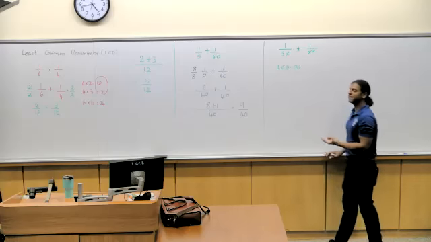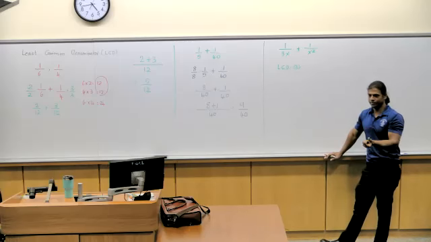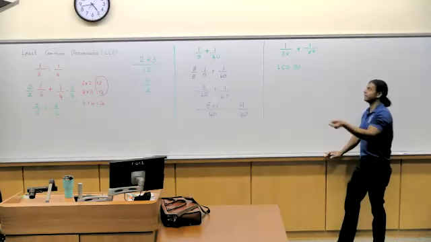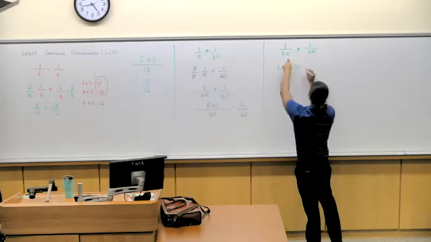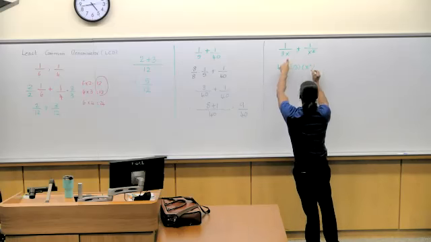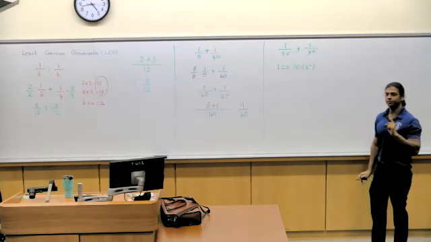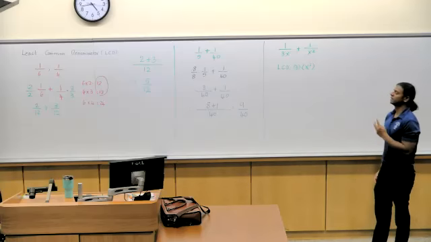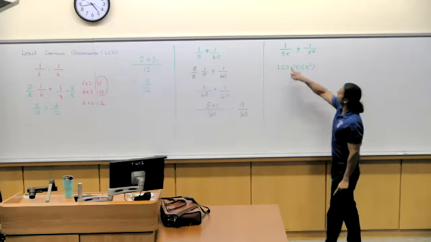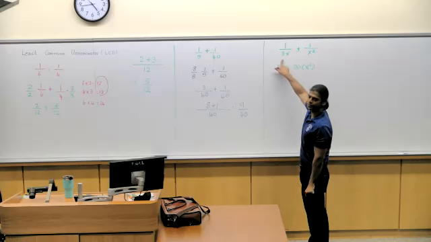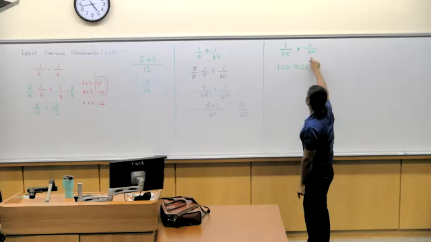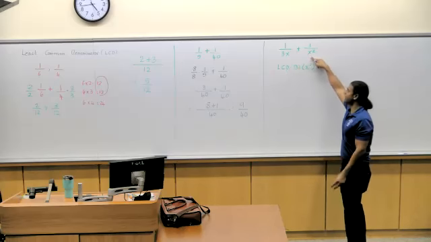So what am I missing? I'm missing x squared, correct? Because there is an x squared here, there is just an x. So the second term that I need would be 3x squared. So we want to change the first denominator to 3x squared, the second denominator to 3x squared.